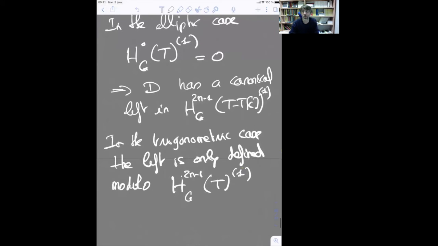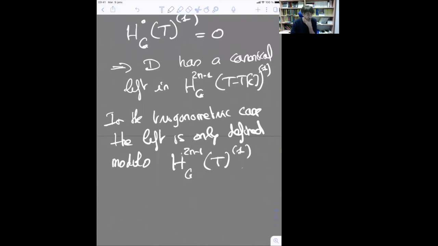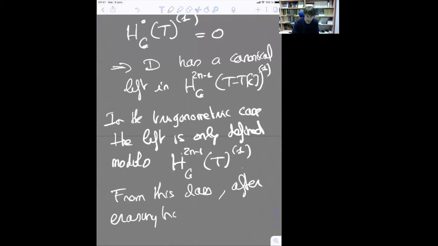And to conclude for today, from this class, after erasing hyperplanes, but now when I say hyperplanes, I mean elliptic hyperplanes or hyperplanes in C star to the n, so multiplicative hyperplanes.